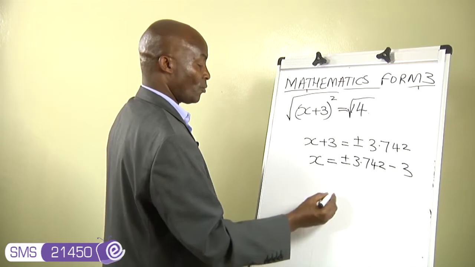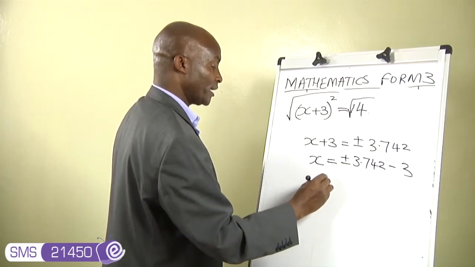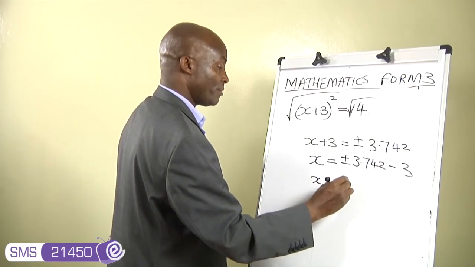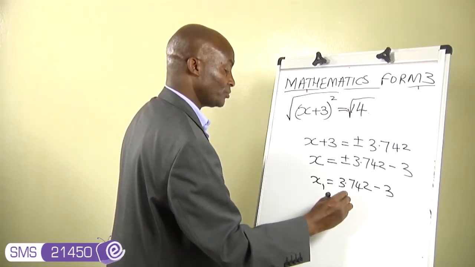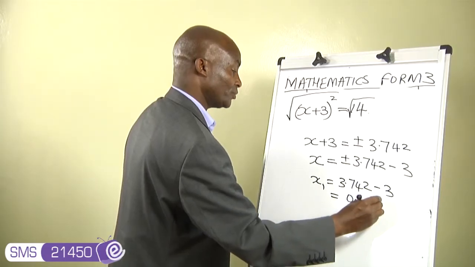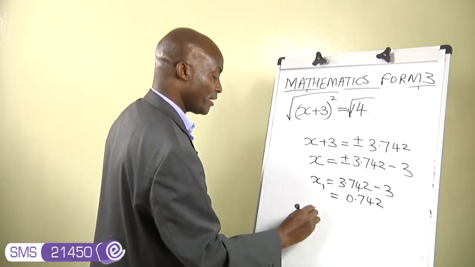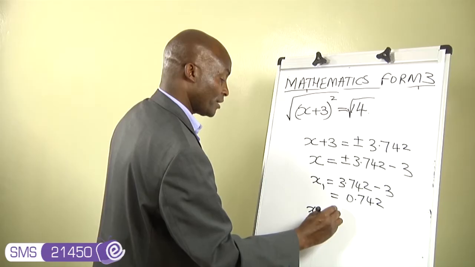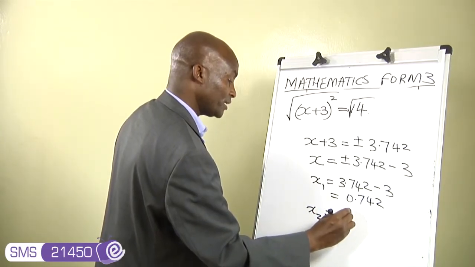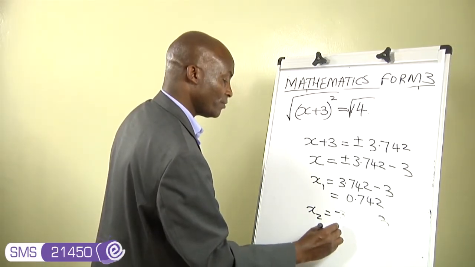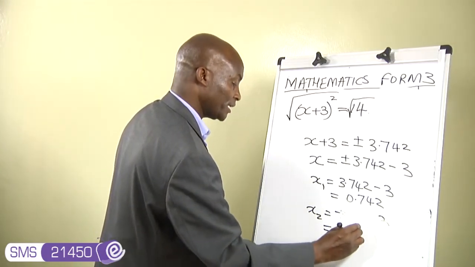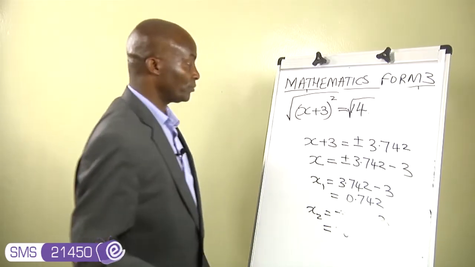And so one of the solutions is 3.742 minus 3, which is equal to 0.742. And the other one will be negative 3.742 minus 3, which will give you negative 6.742.